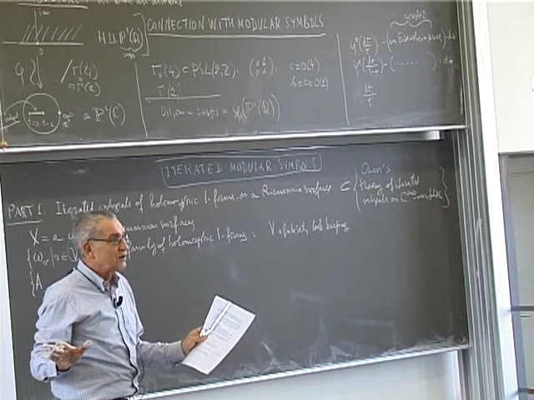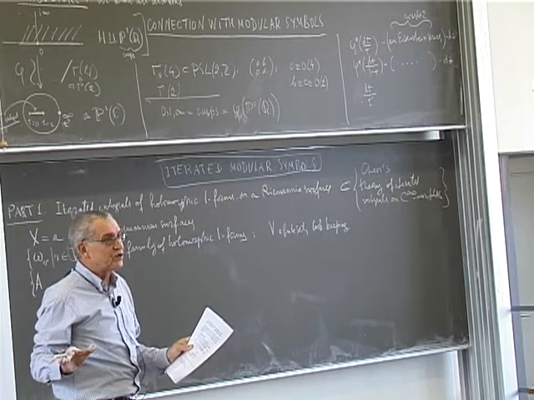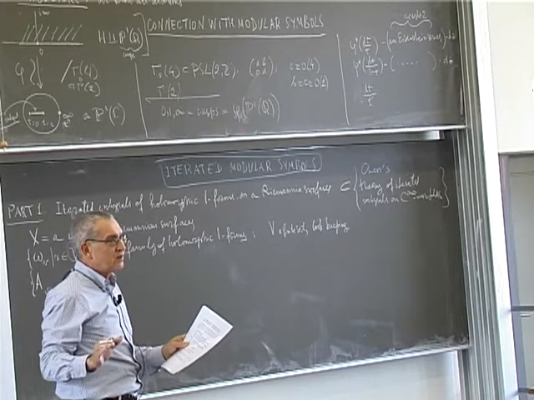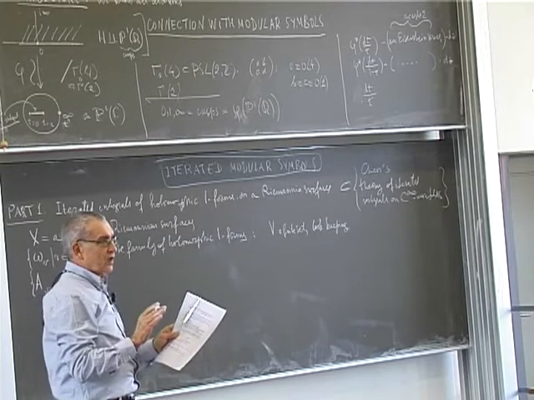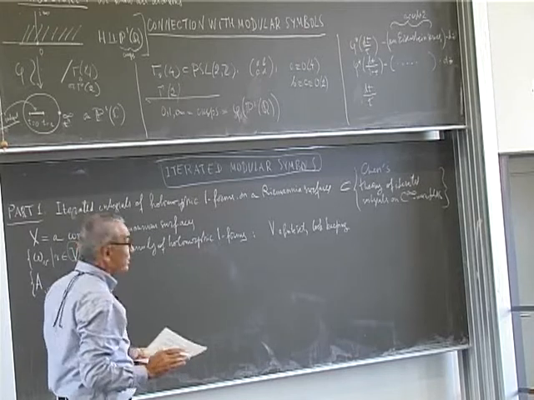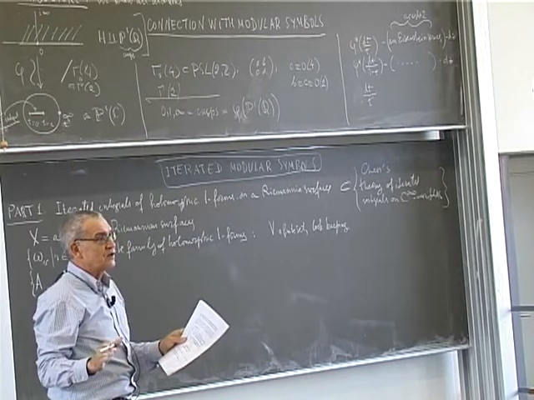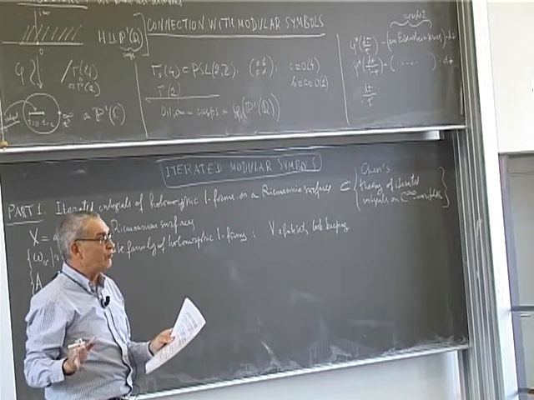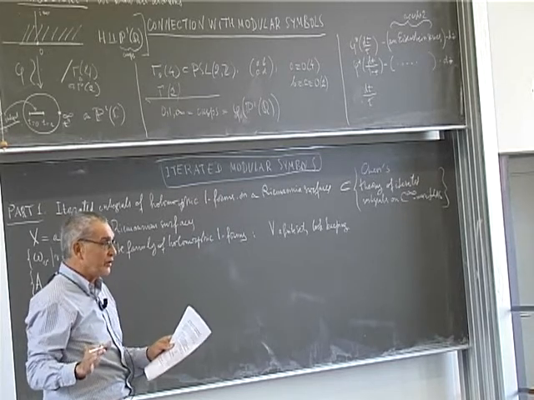It turns out that all this combinatorics, which is not really very nice, becomes very well packed if one considers iterated integrals as coefficients of a formal series in non-commuting variables, in free non-commuting variables.